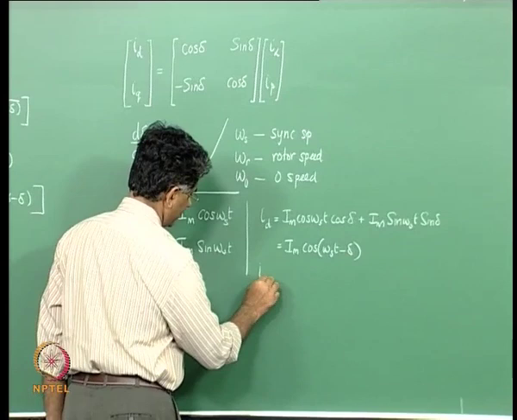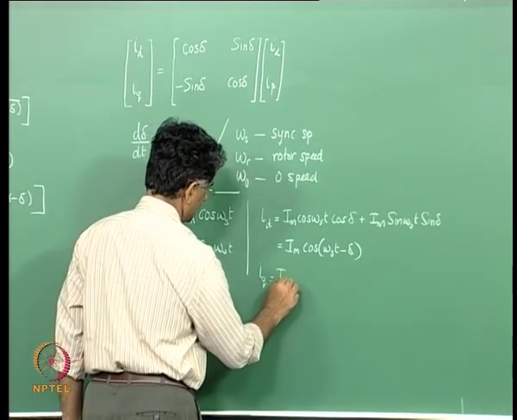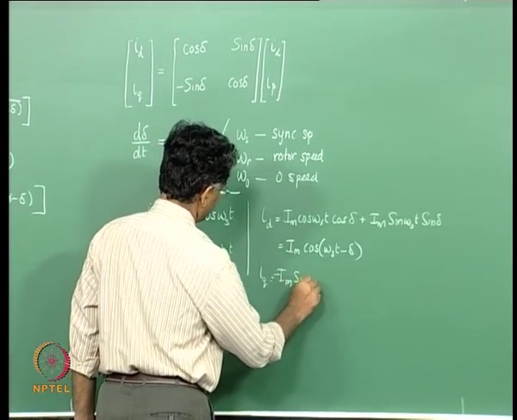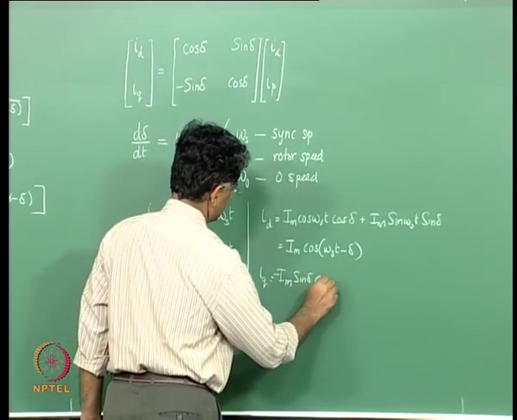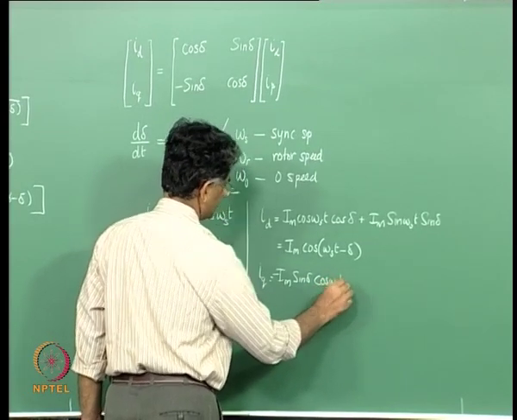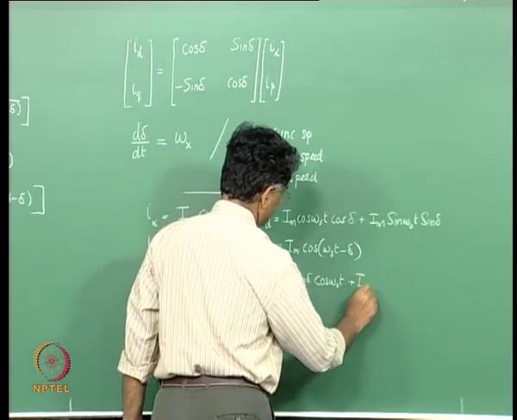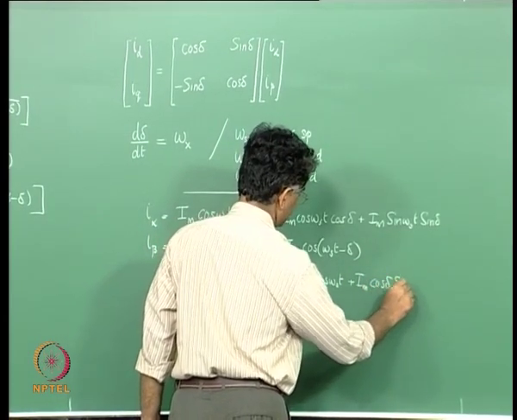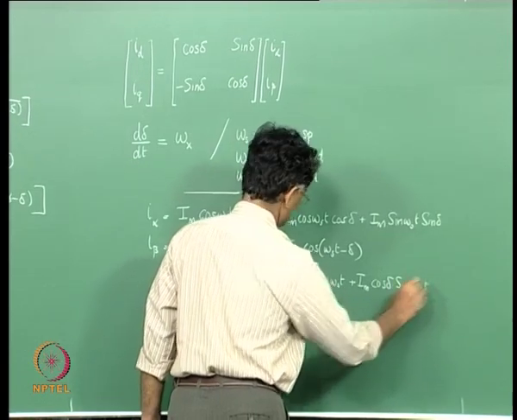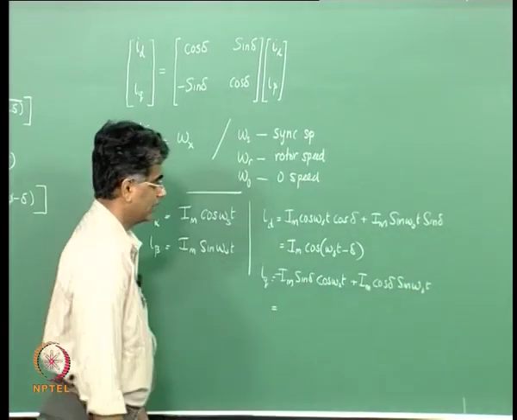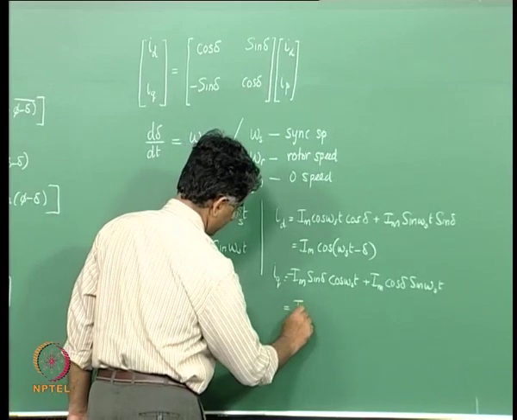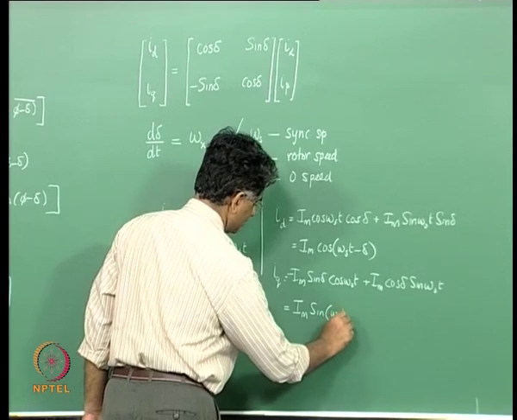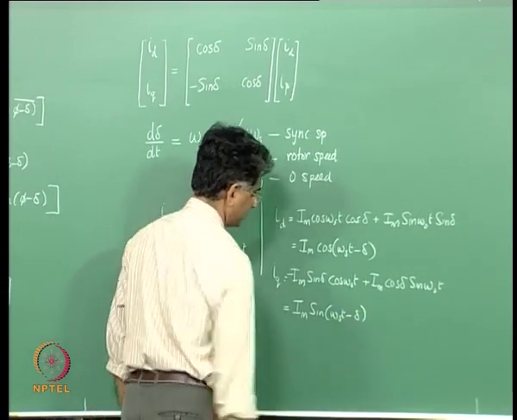Similarly you have Iq, which is Im minus Im sin delta cos omega st plus Im cos delta sin omega st. This is then equal to Im into sin of omega st minus delta.